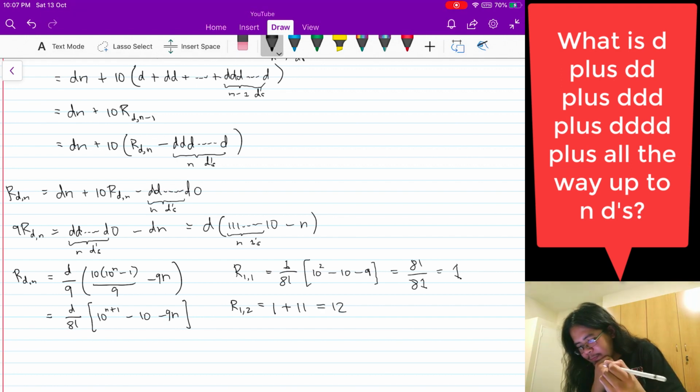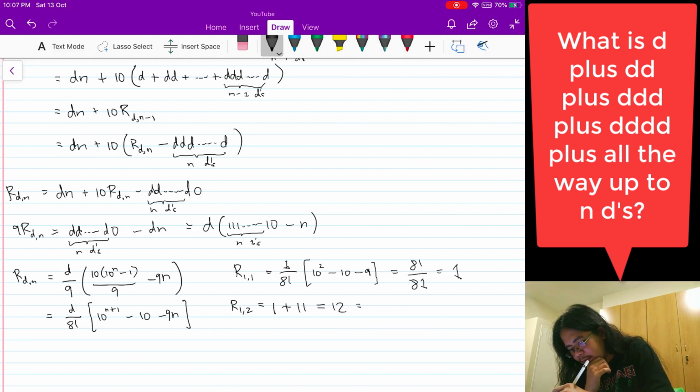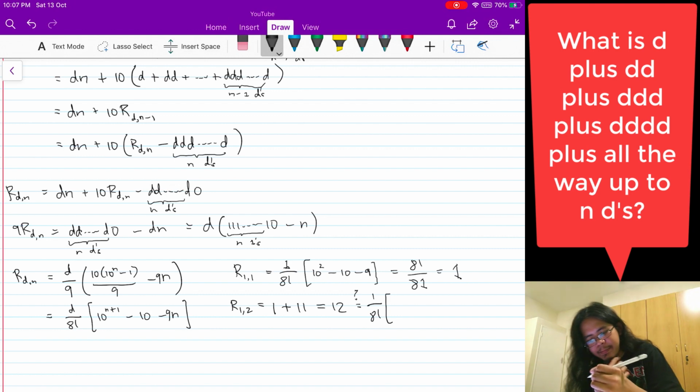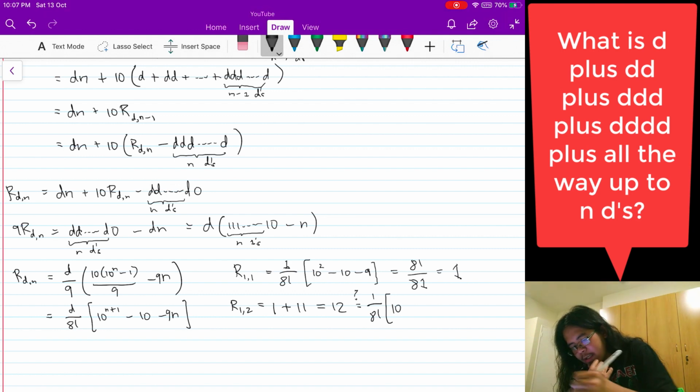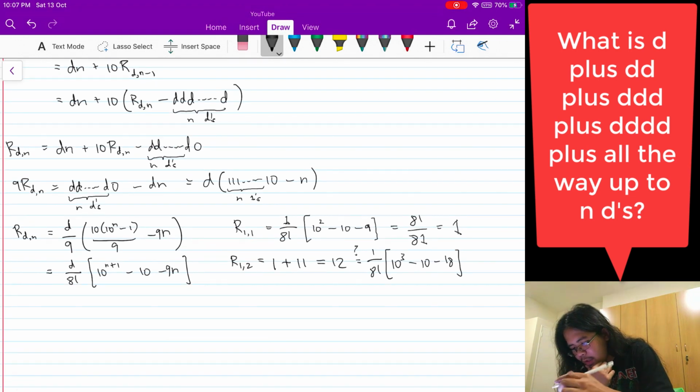This is 12. Let's see if it is equal to 12 if we use our formula. So you have 1, which is D, over 81, and then 10 to the, this time n is 2, so that is 1000 minus 10 minus 9 times 2, because n is 2, 18.